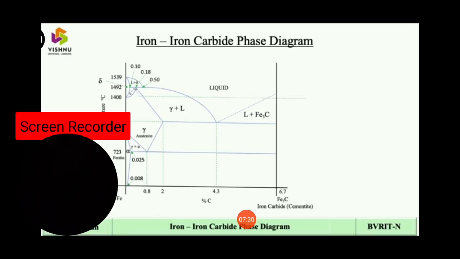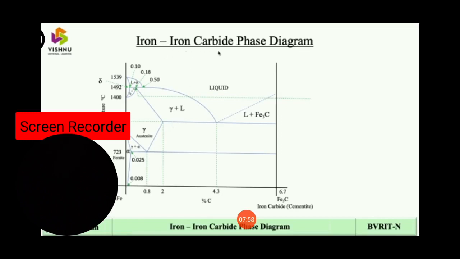Now, there are three horizontal lines: one at 1492 degrees centigrade, another at 1147 degrees centigrade, and the third one at 723 degrees centigrade. So mainly these are the lines which are horizontal, meaning they are the invariant reactions.